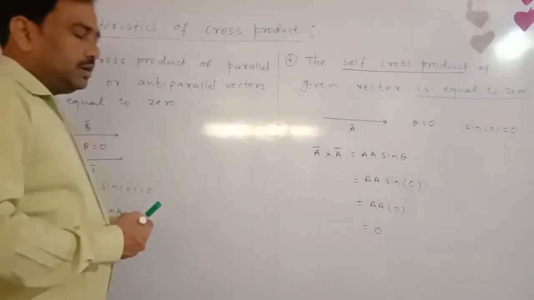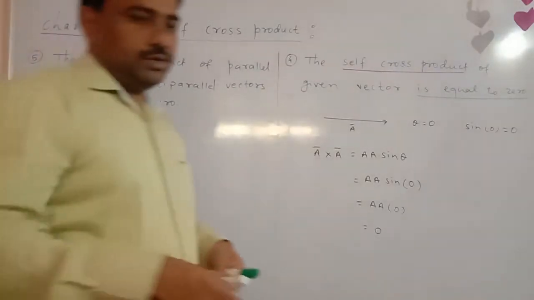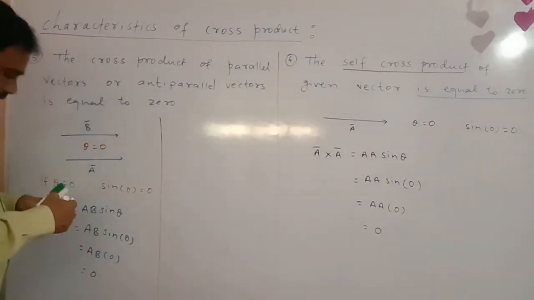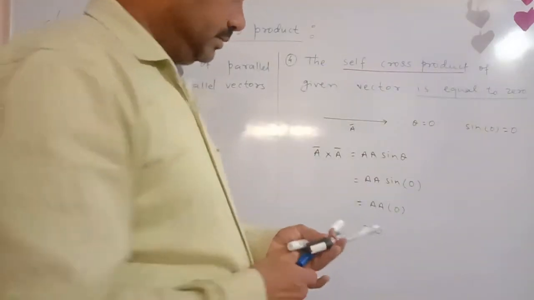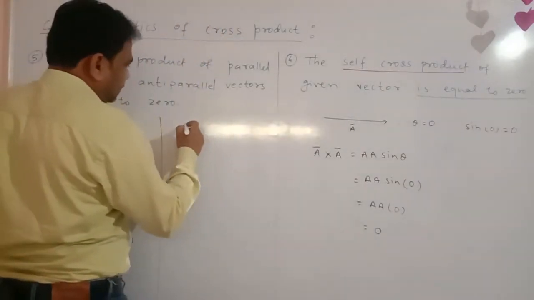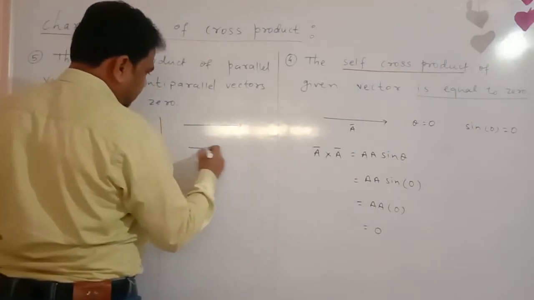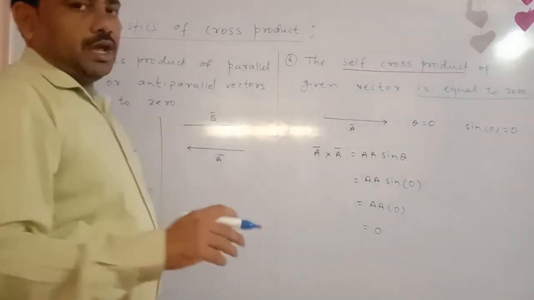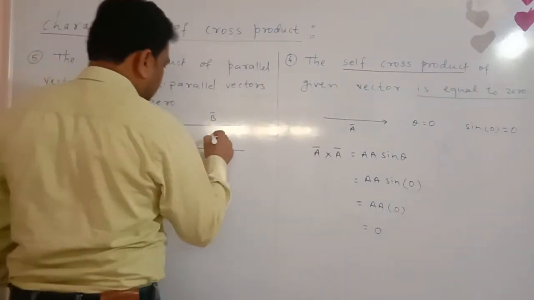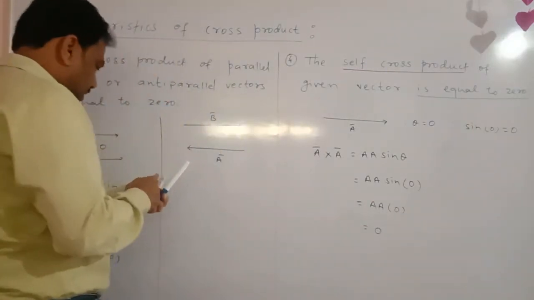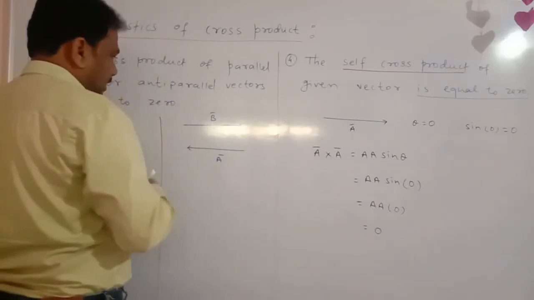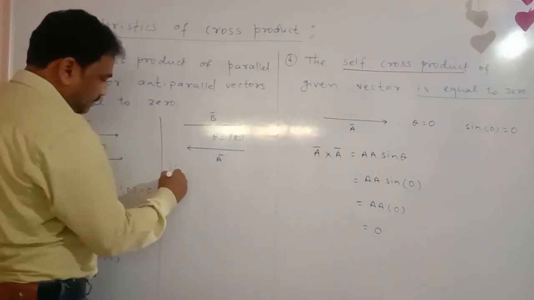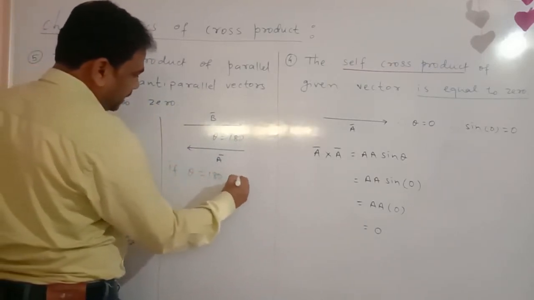So let us try to solve if two vectors are anti-parallel to each other. Two vectors are there and they are exactly opposite to each other, that is vector A and B. If two vectors are anti-parallel to each other, then theta is equal to 180 degrees, which we have seen in detail. If theta is equal to 180 degrees, then what is the value of sine 180?